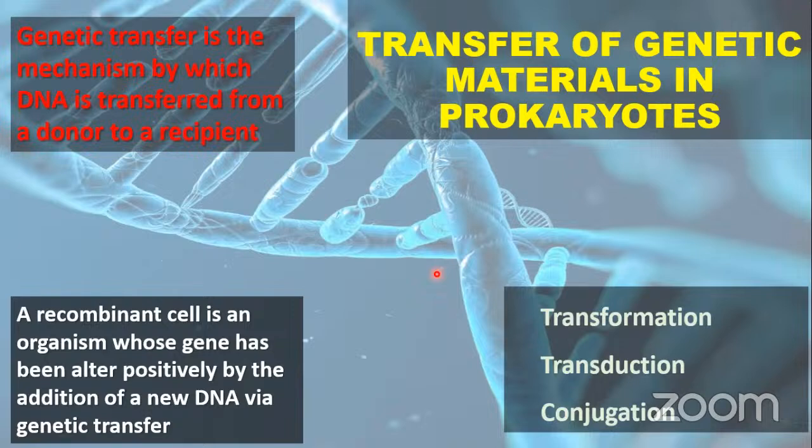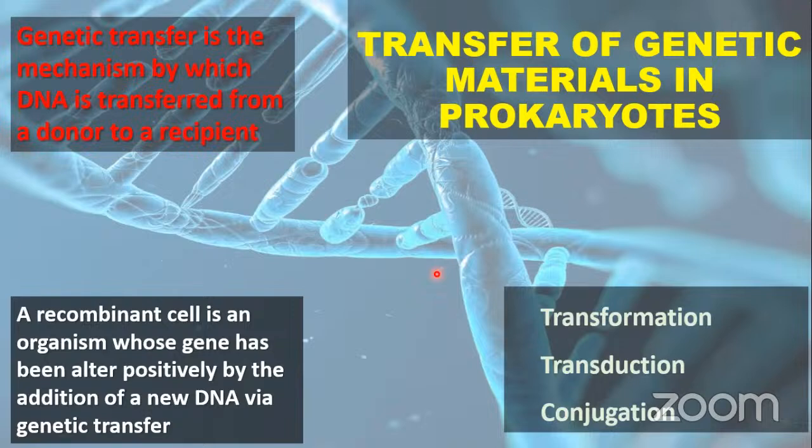Now, the other form of cycle is the lysogeny. The lysogeny does not lead to the death of the bacteria. Rather, the phage integrates itself into the chromosome of the bacteria.